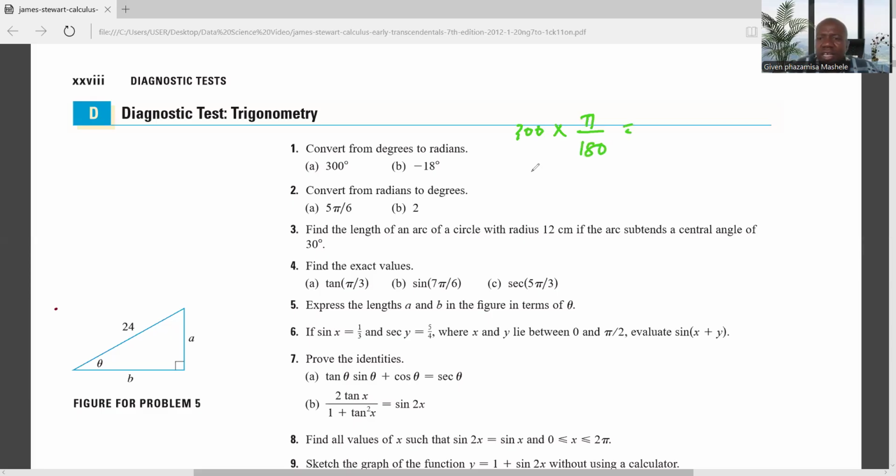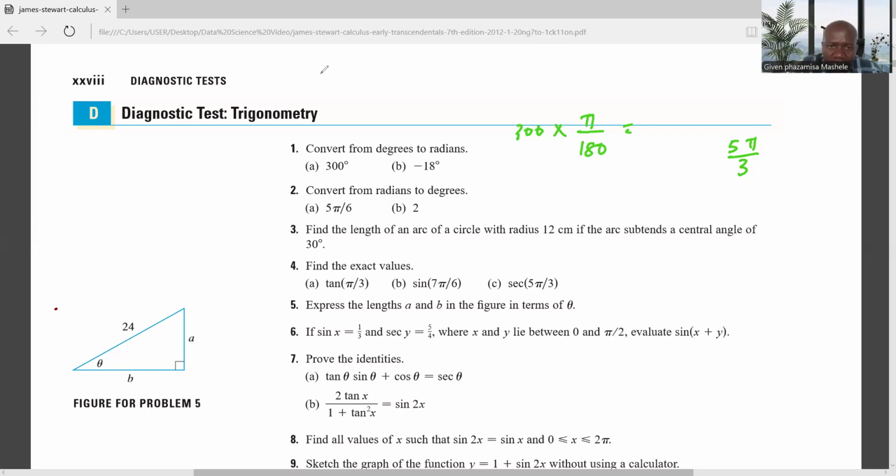Obviously, 300 divided by 180 gives roughly 1.6, which is 5 over 3. So it's 5 pi over 3.